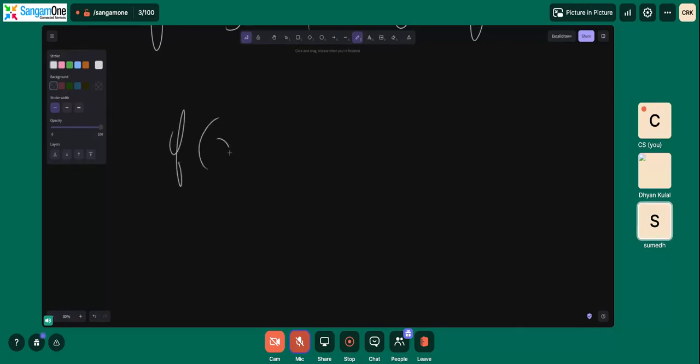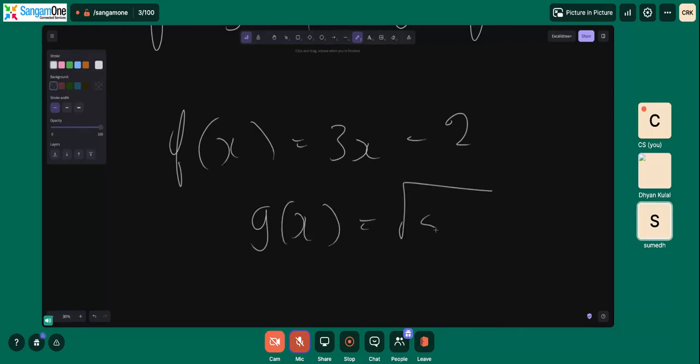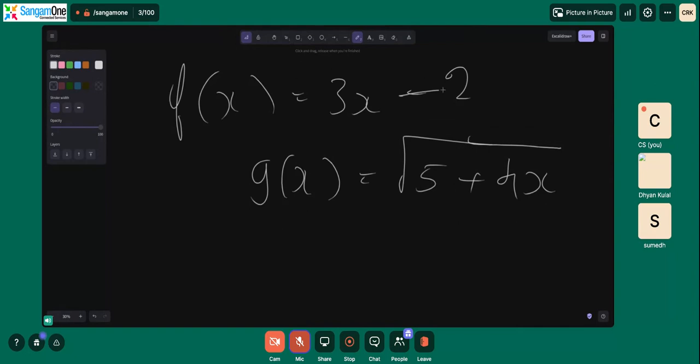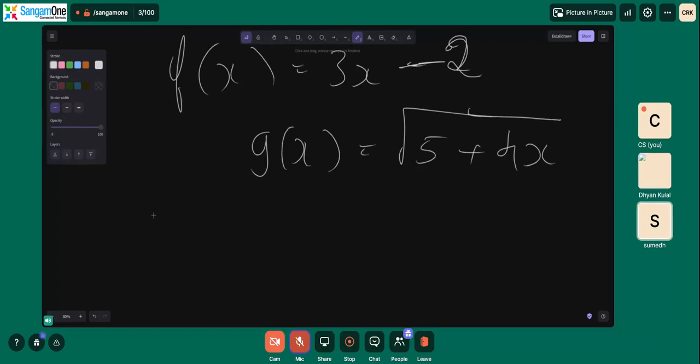F of x is 3x minus 2. G of x is square root of 5 plus 4x. I hope the question is clear. F of x is 3x minus 2. G of x is square root of 5 plus 4x. Can you solve this? You have to find f of g, okay?